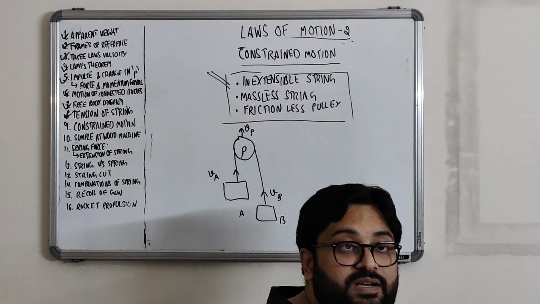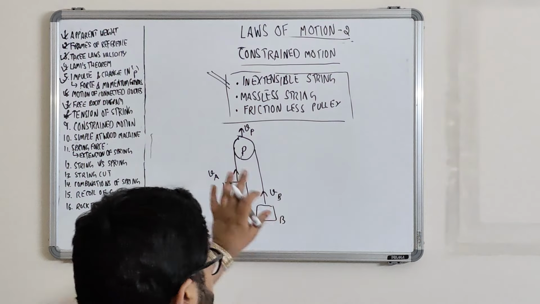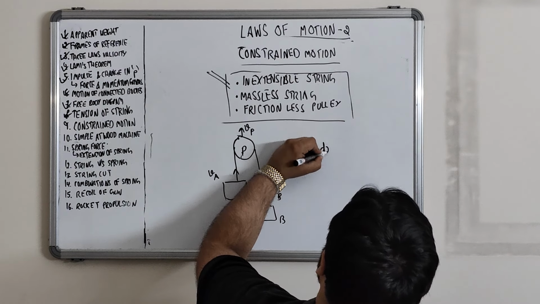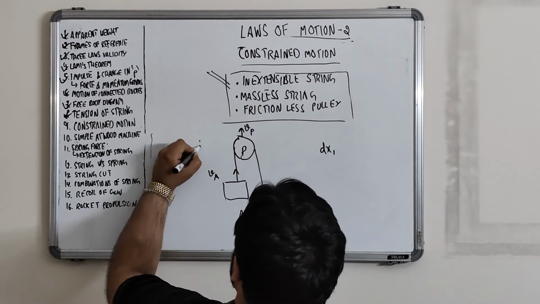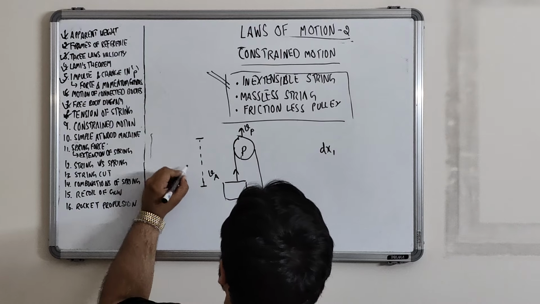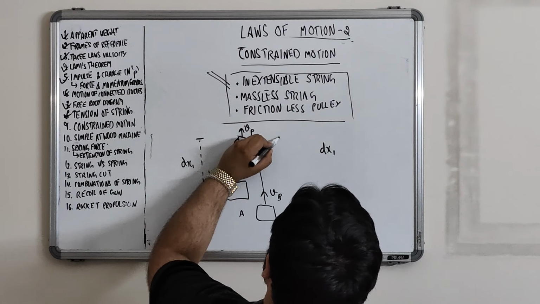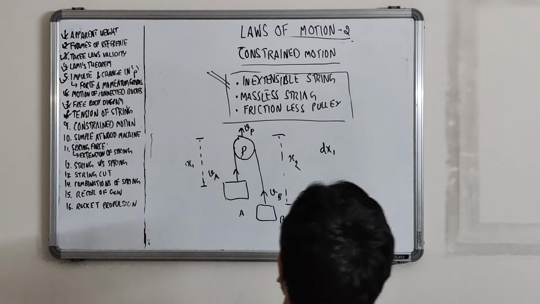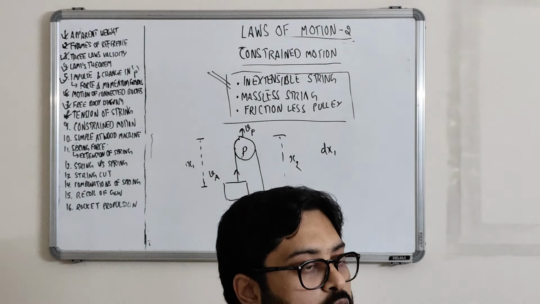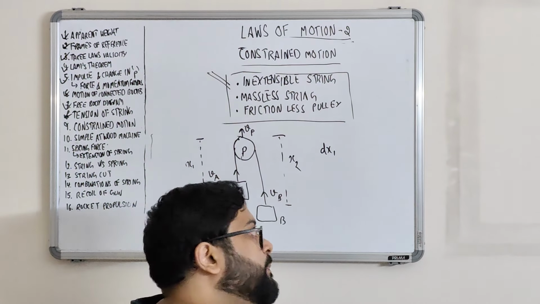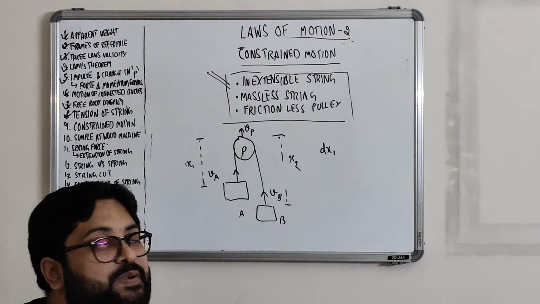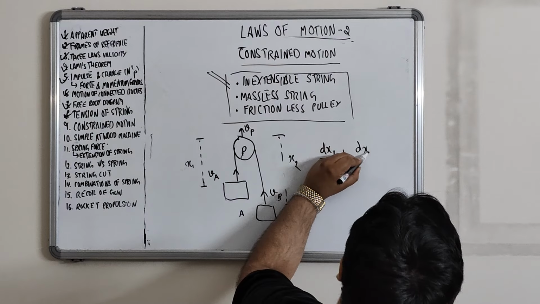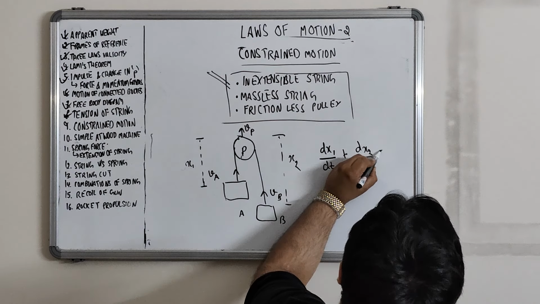Now the net displacement of this string was 0. Let us assume the change here is dx1, this is dx2, so the net change over time in the overall displacement is 0. So dx1 plus dx2 is equal to 0.